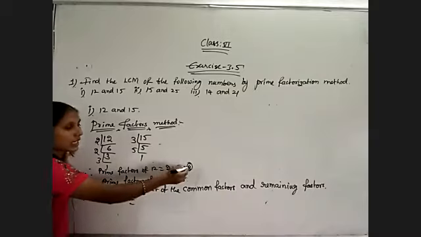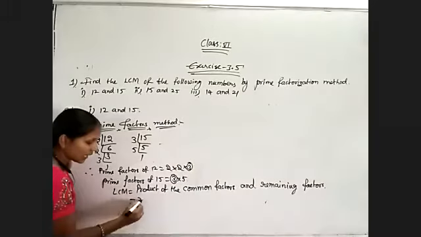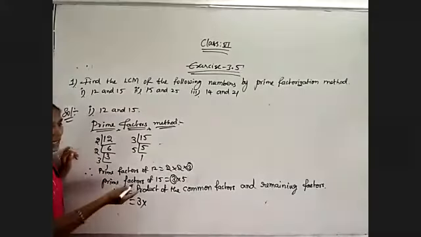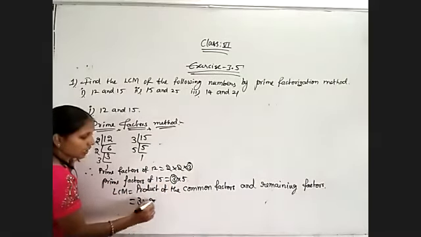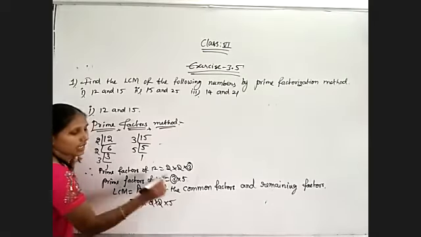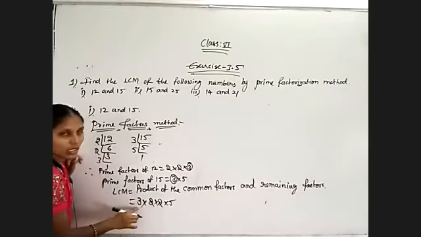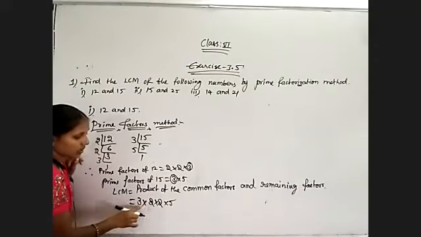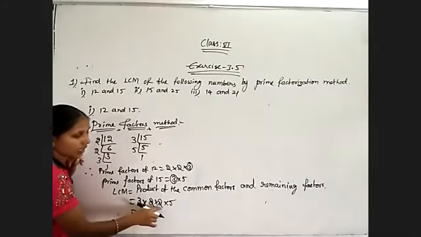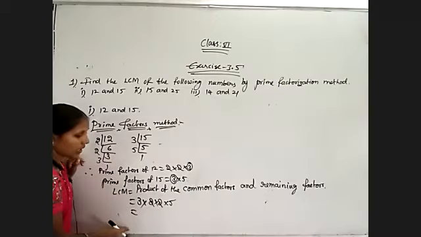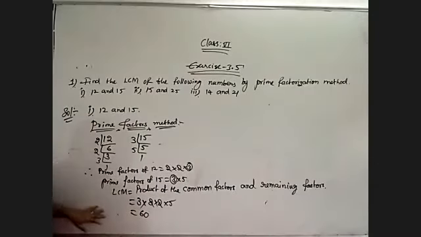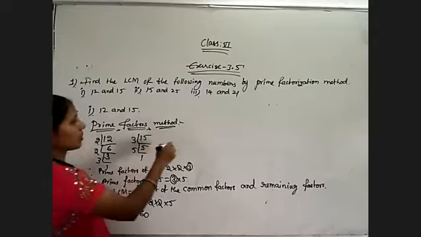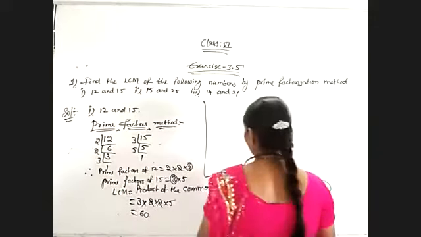Only 3. So 3 into remaining factors: in the first number it is 2 and 2, and in the second number it is 5. So 2 into 2 into 5, which is equal to 3 twos are 6, 6 twos are 12, 12 fives are 60. So LCM of these two numbers is 60. Now the second problem we'll see.